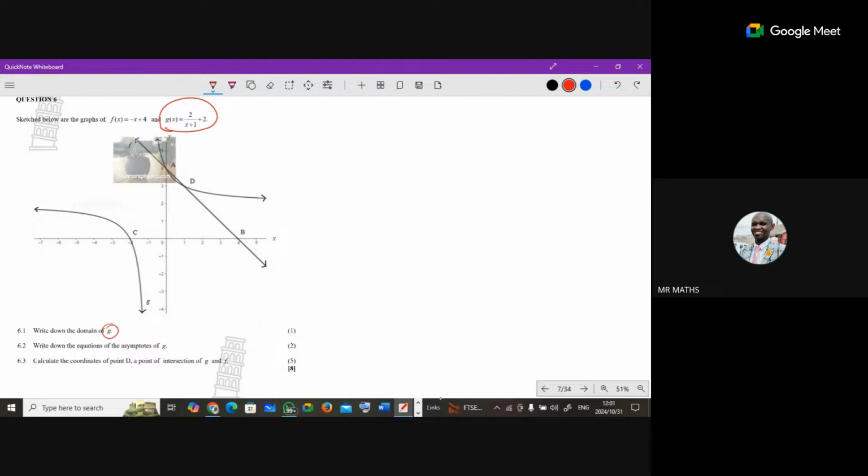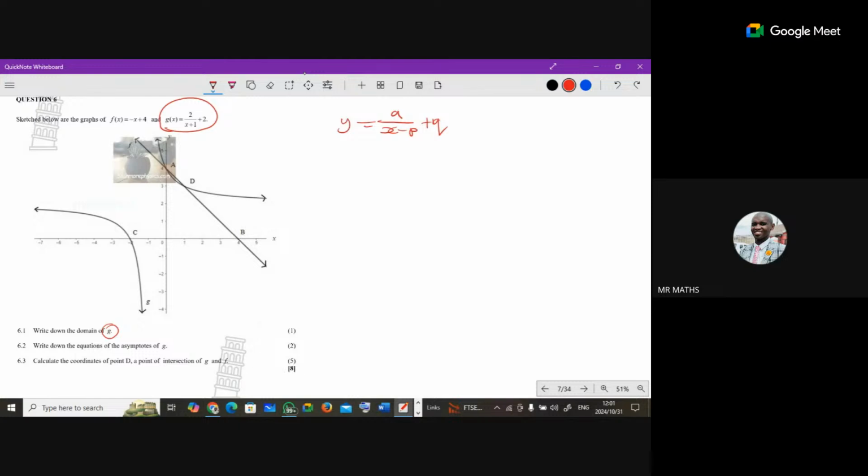Can you remember about a domain and a range? When it comes to a hyperbola, it is always given by the general formula y is equal to a over x minus p plus q. Okay, so this is the general formula for a hyperbola.